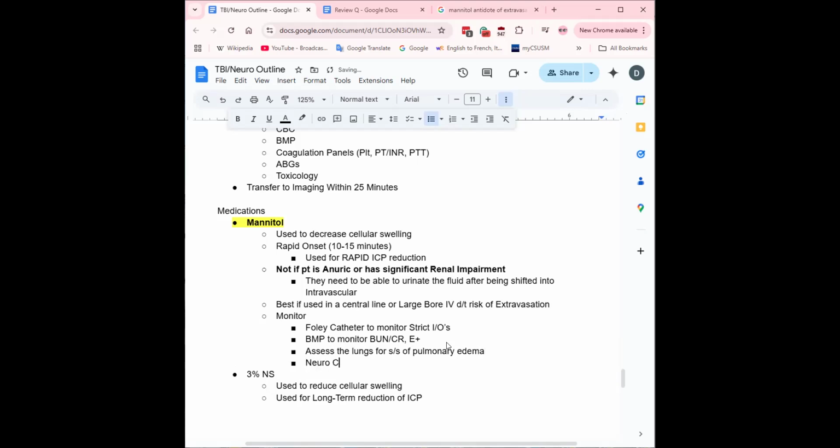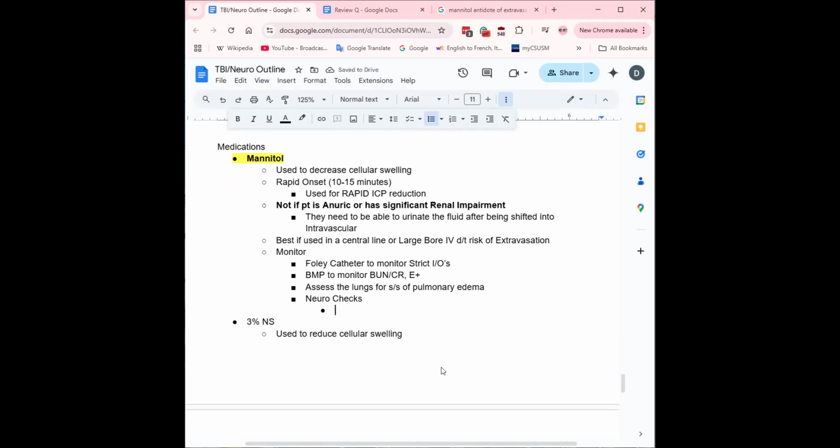Something that I know you guys would click if this was a choice, and we talked about it when we had questions last week, was which one would be a sign that this treatment isn't working. I think this was for a patient with a low GCS, and their GCS was not improving.